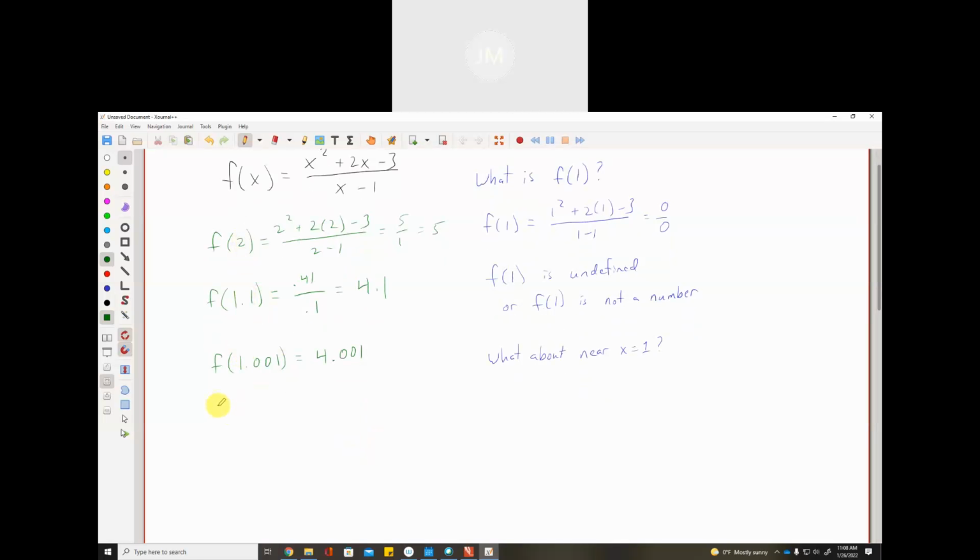What if I try something smaller than 1? What if I try like f of 0.5? Okay, so that's 0.5 squared plus 2 times 0.5 minus 3, and 0.5 minus 1 in the denominator.